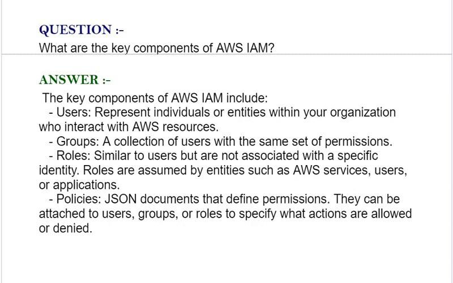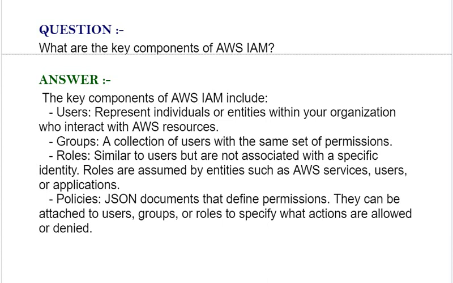Our next interview question is: what are the key components of AWS IAM? Your answer should be: the key components of AWS IAM include users, which represent individuals or entities within your organization who interact with AWS resources. Next one is groups, a collection of users with the same set of permissions.